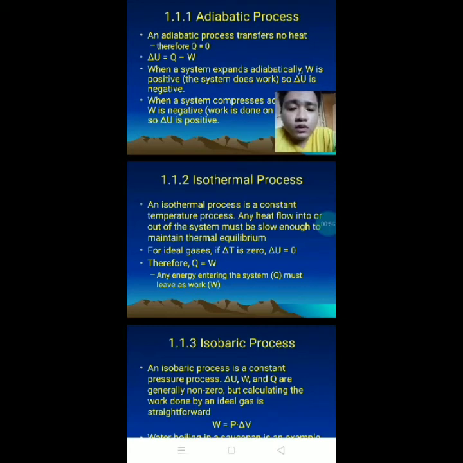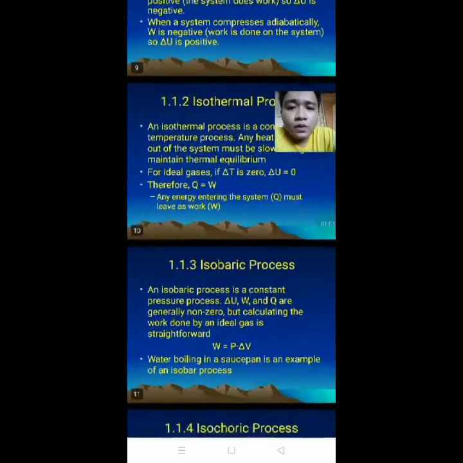When a system compresses adiabatically, W is negative, work is done on the system, so ΔU is positive.